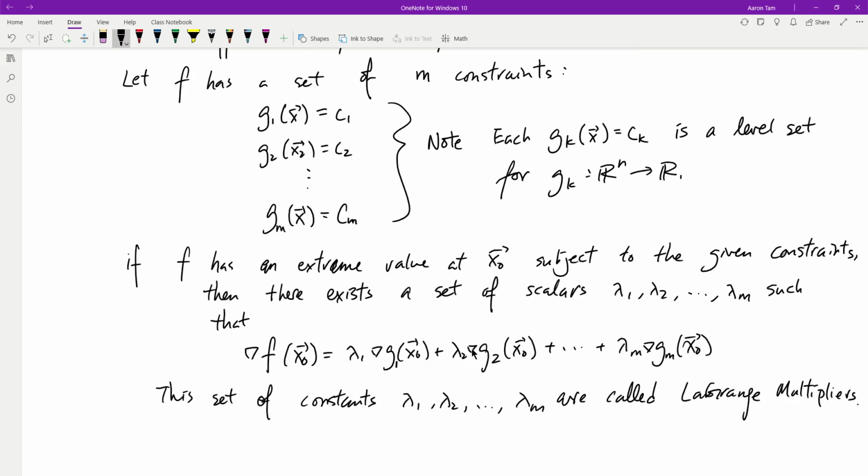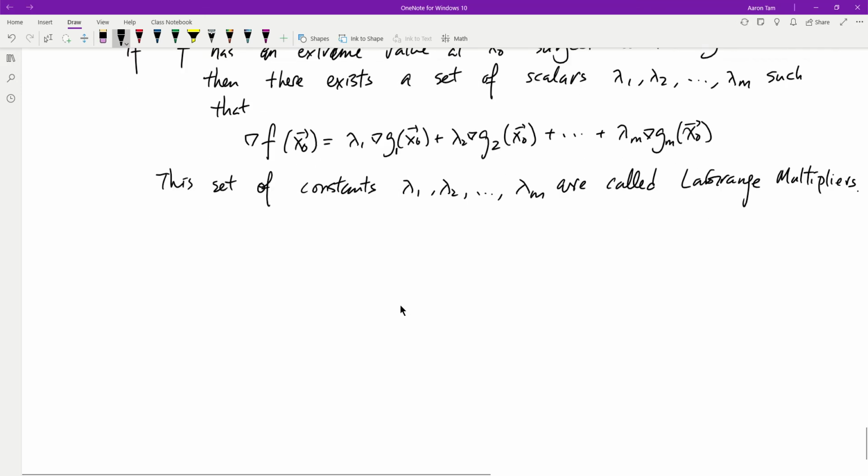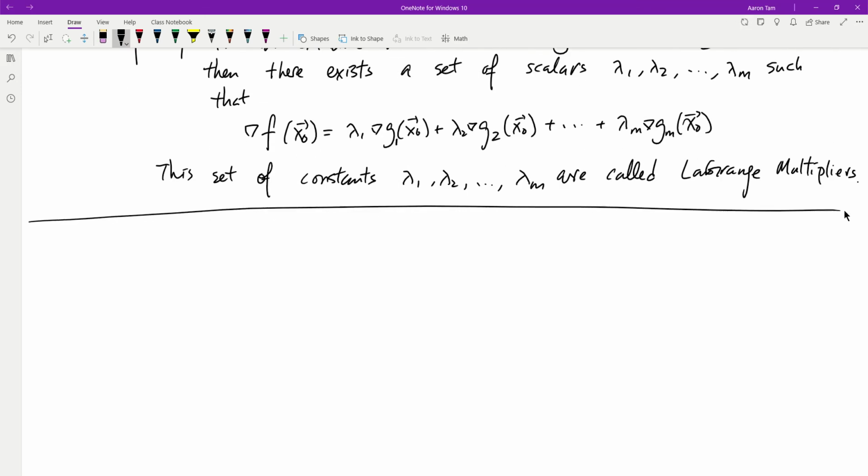Now, the problem obviously would be, how does that help us find x sub 0? Well, this is how. In order to find x sub 0, which is essentially the critical point of the constraint, or basically meaning the boundary, we need to solve a system of equations.